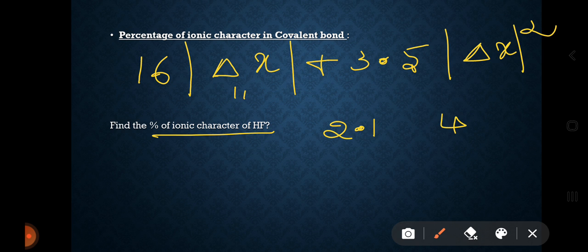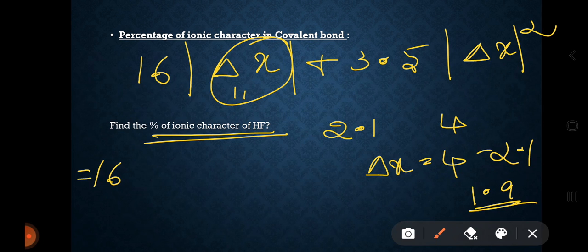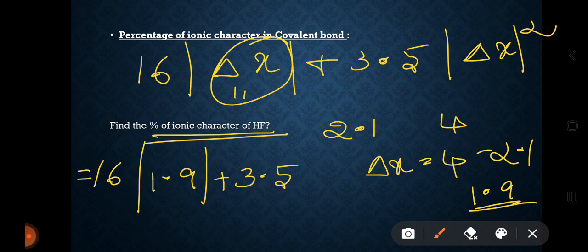First find the delta X value: delta X is equal to 4 minus 2.1, that is 1.9. Now the percentage of ionic character of hydrogen fluoride is equal to 16 into 1.9 plus 3.5 into 1.9 whole square.